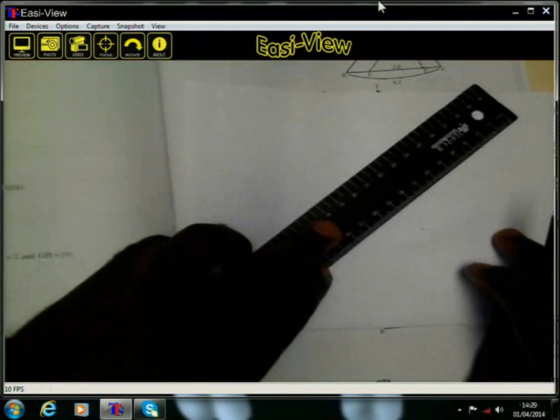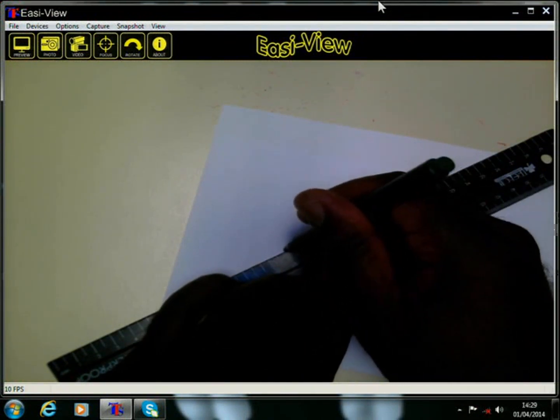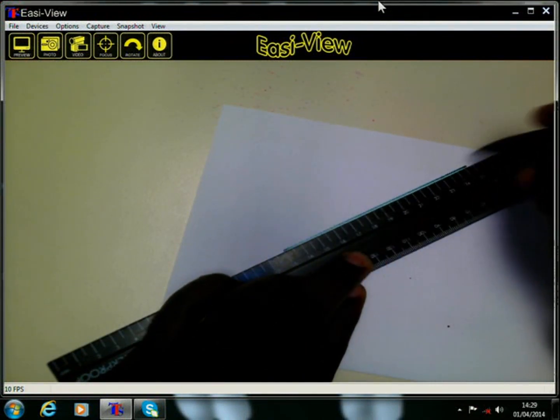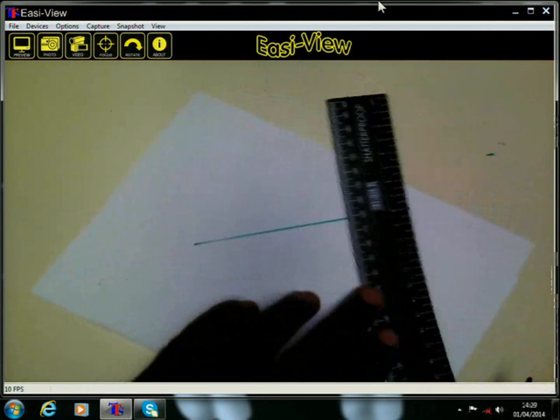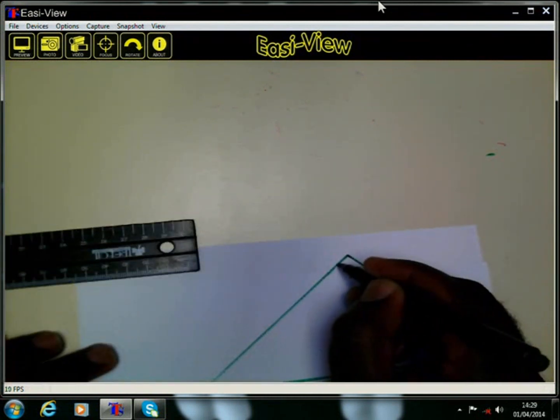We are given a right-angled triangle. Let me put away this so that we can have our nice right-angled triangle. The story is about a right-angled triangle. Why do we say this is a right-angled triangle?